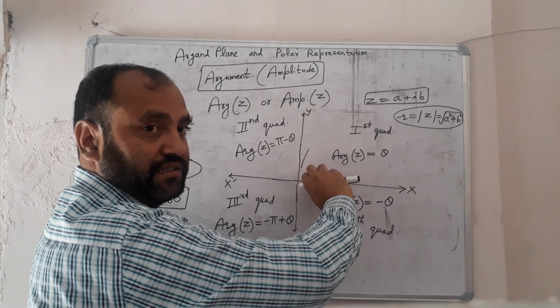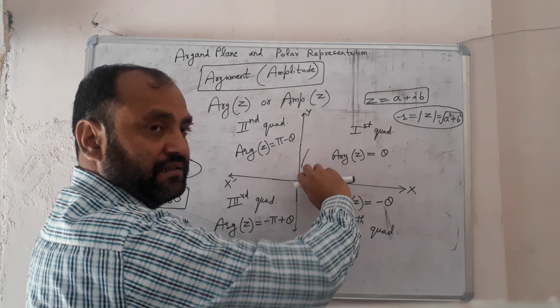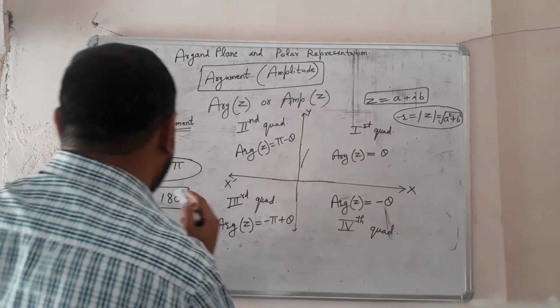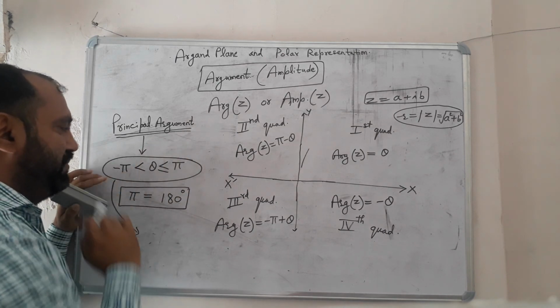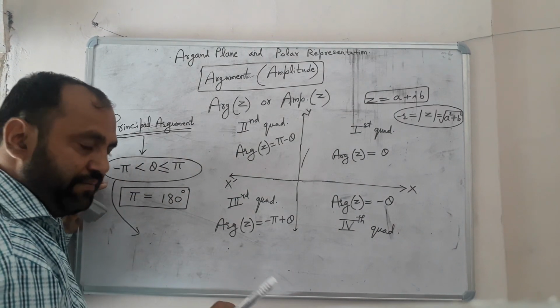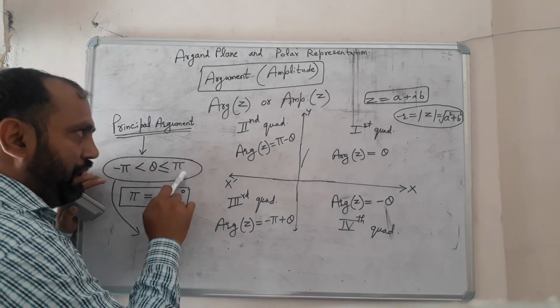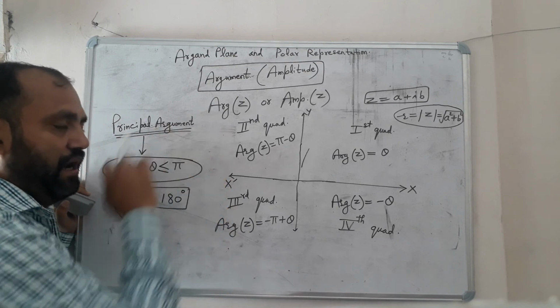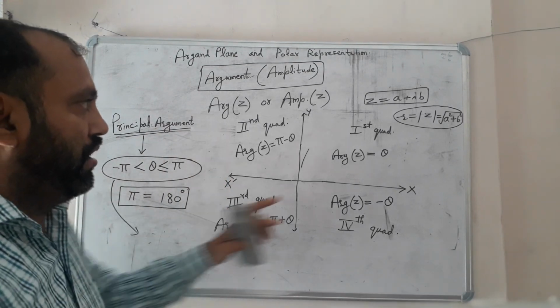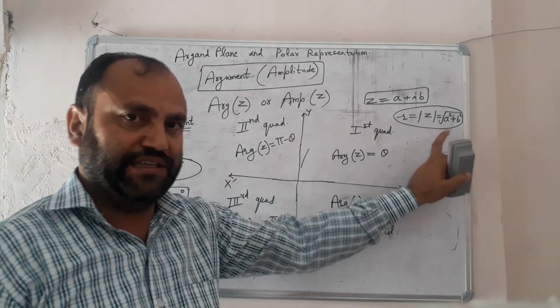So we have this principal argument, which always lies between minus pi and pi. So this is the most important topic, argument. And modulus, you know it. This is very easy.